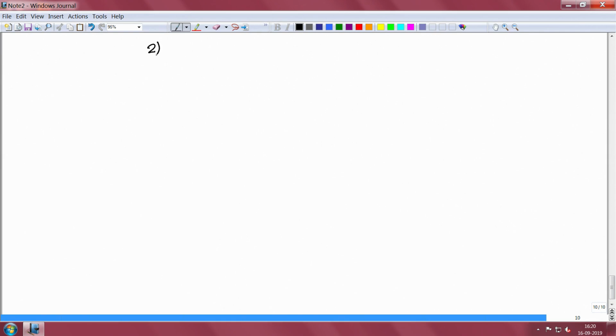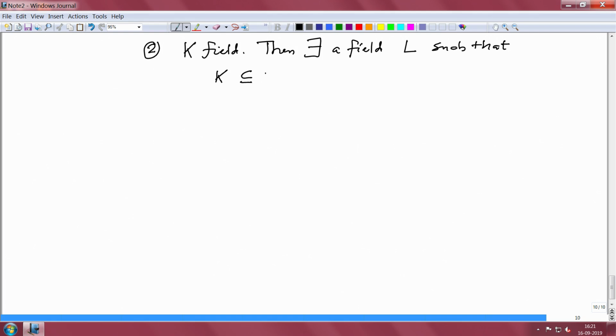Another possibility, a second possibility to overcome the problem, is: if I have a field K, then there exists a field L such that K is a subfield of L. This means that I will keep saying L is an extension field of K, or I will also keep writing L over K, the field extension.